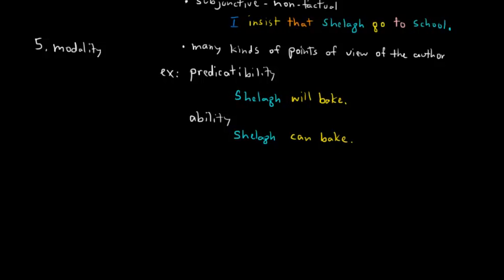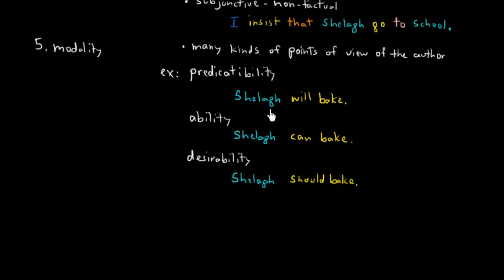So, let's try one more. Desirability. Okay, and there's a lot of these. There's permission. There's a lot of different forms of modality. But desirability, Sheila should bake. Okay.